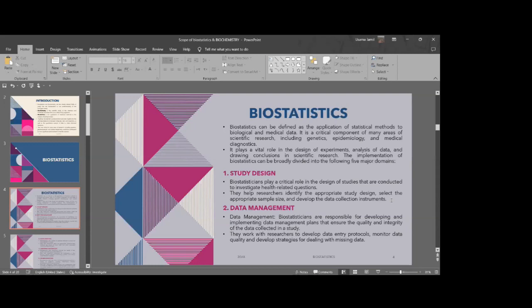We basically develop questionnaires or different types of instruments or tools to assess the condition, for example, if a patient is having anxiety, as I gave the example.